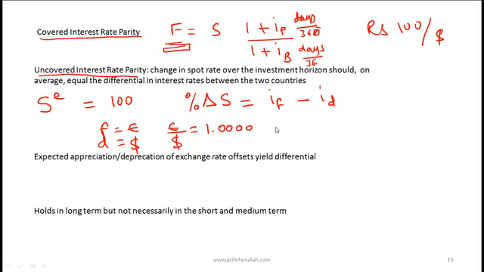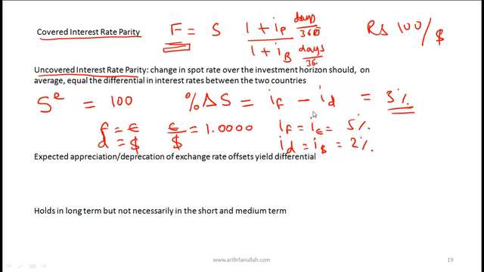Let's also say that the interest rate in the foreign currency, which is the euro, is equal to 5%, and the interest rate on the domestic currency, which is the dollar, is equal to 2%. According to uncovered interest rate parity, the expected change in spot rate over 1 year, because we are using annualized numbers over here, the expected change will be 5% minus 2%, which is equal to 3%.